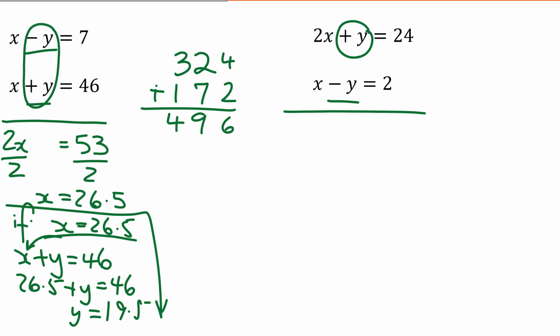I'm going to eliminate my y's. 2x plus x gives me 3x equals 26. Okay? What do I do now? Divide both sides by 3. So x is 26 over 3.